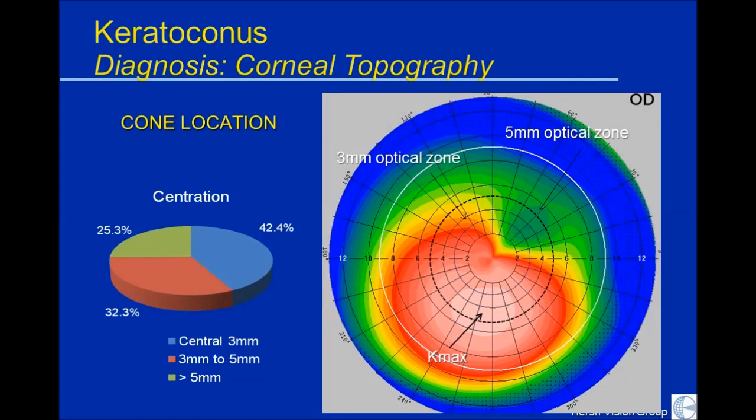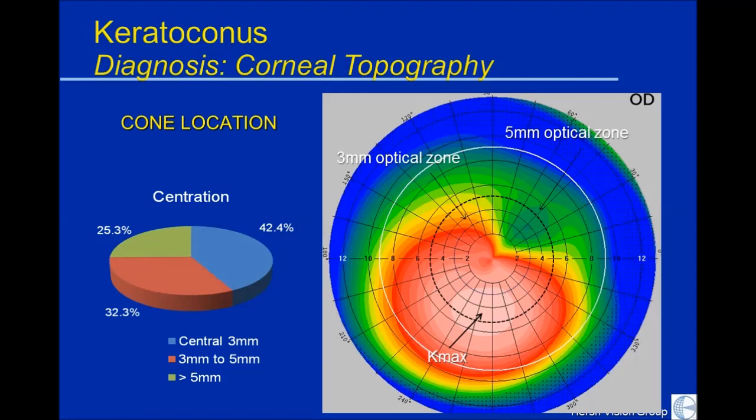We also use corneal topography to categorize what your keratoconus looks like. For instance, about 42% of patients have their cones in the central area of the cornea. About 1/3 have it somewhat outside of the central area, and about 1/4 have it way over in the periphery.